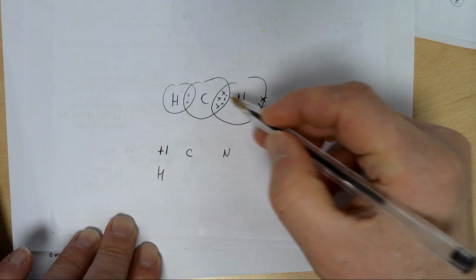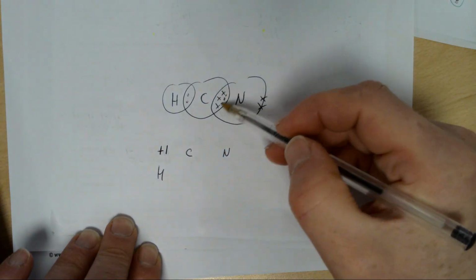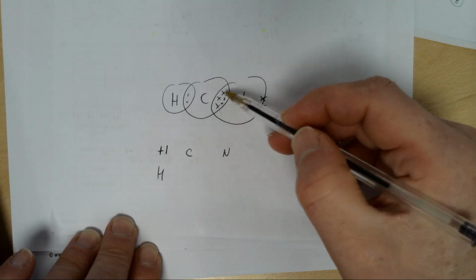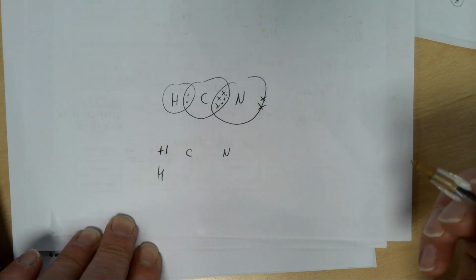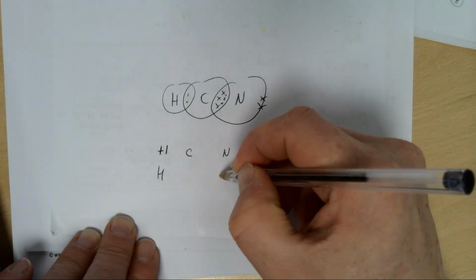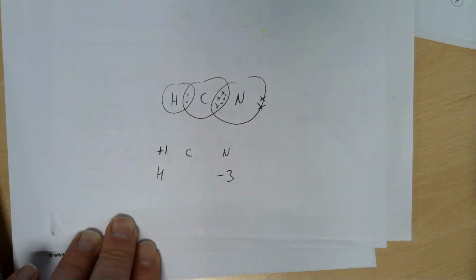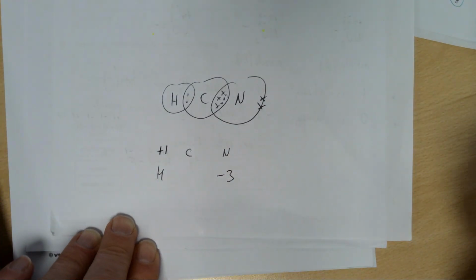The nitrogen is more electronegative than carbon, so these 6 electrons all head over to nitrogen, 3 of which were nitrogen's already, 3 more go to nitrogen from the carbon, so that one's -3, and then you're left with what carbon is. So what's the answer? +2. That's the answer.